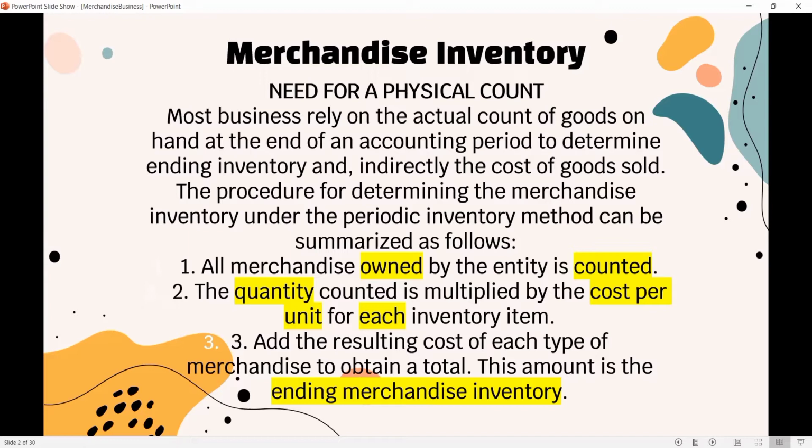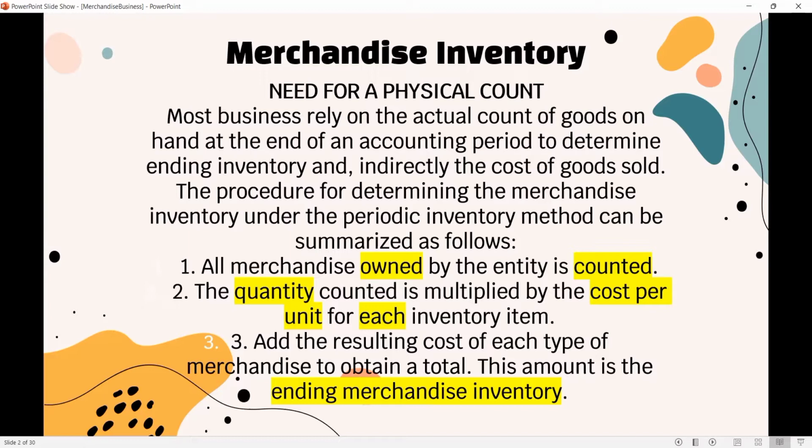Number 3, add the resulting cost of each type. Ibig sabihin, lahat ng inventories na nabilang nyo sa number 2, ipag-a-add nyo na yun lahat to obtain a total.